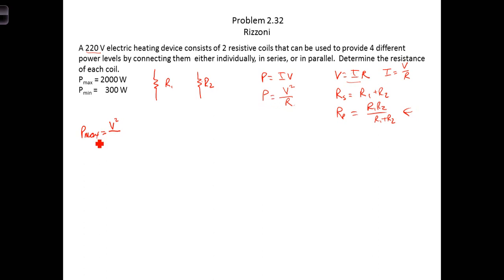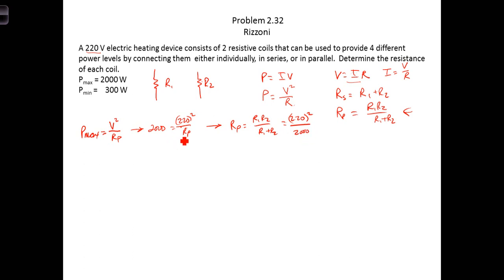So P max then will be equal to V squared over R parallel, and we know P max is 2,000 watts. So we have then that 2,000 watts is equal to V squared, which is 220 volts squared, divided by R sub P. Solving for R sub P, we get R sub P, which is equal to R1 R2 over R1 plus R2, must then equal 220 squared divided by 2,000.